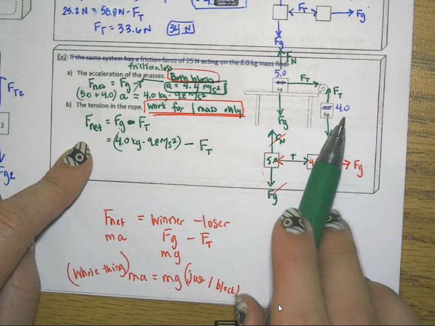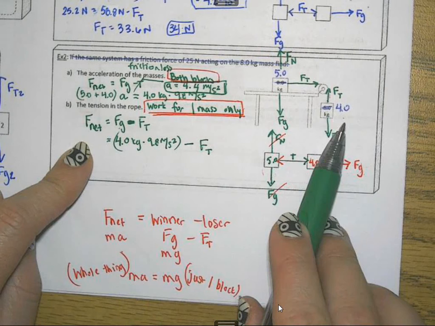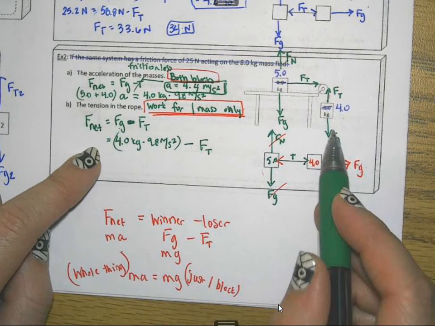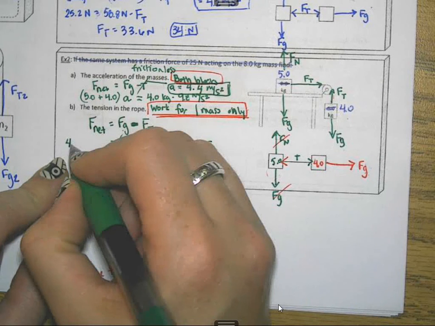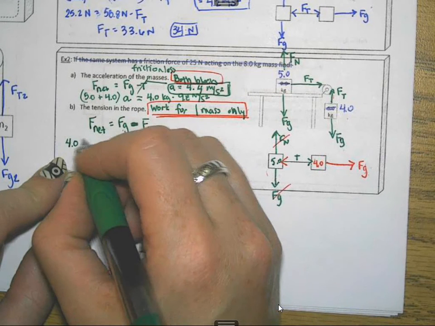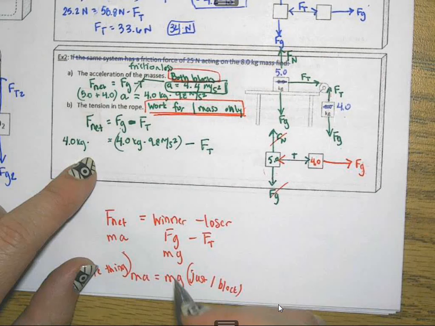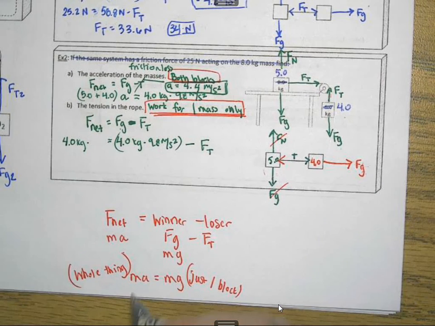So again, it's mass times acceleration. What's the mass of this block? 4.0. What is the acceleration of the block? Like the end acceleration, not the gravitational acceleration. 4.4 from before.